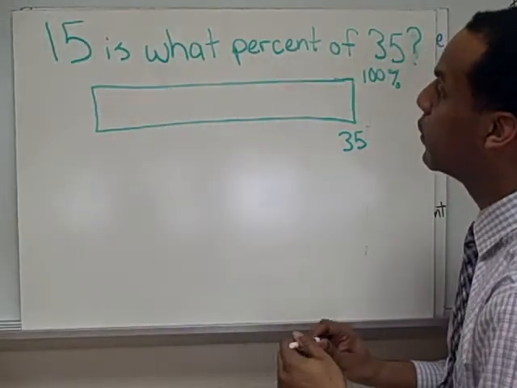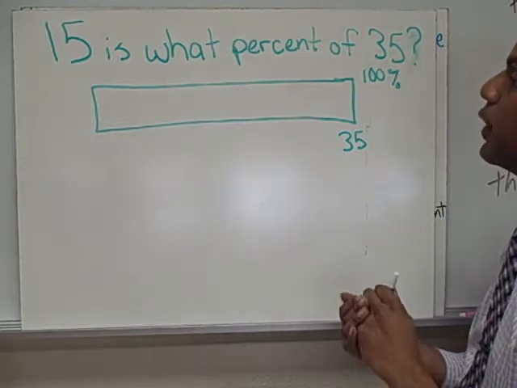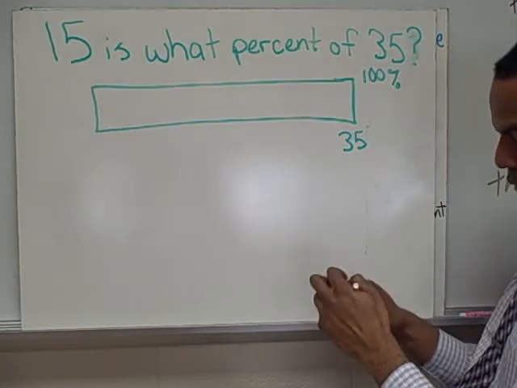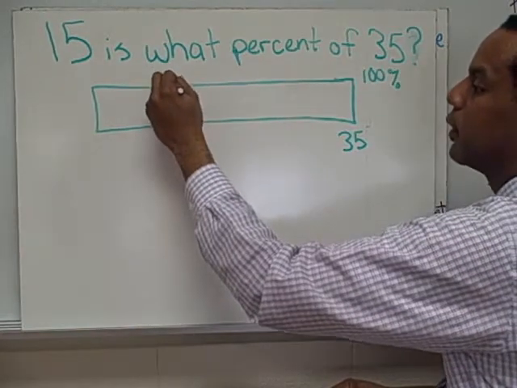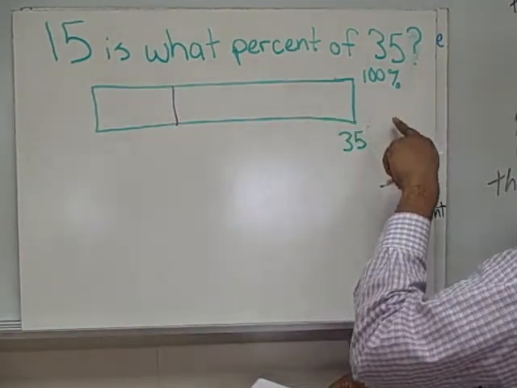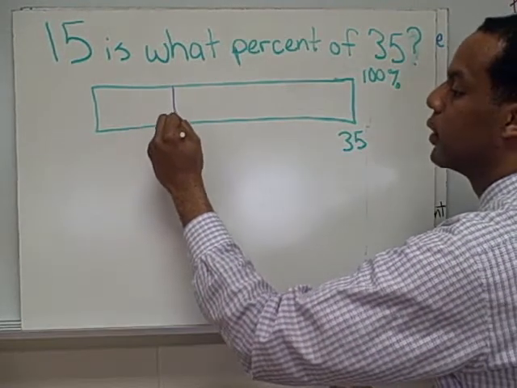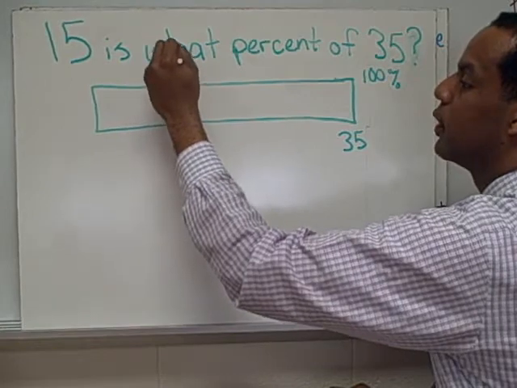Now, next, if I was doing, 15 is what percent of 35? So, once again, I have 35 as my 100%. I have 15 there.